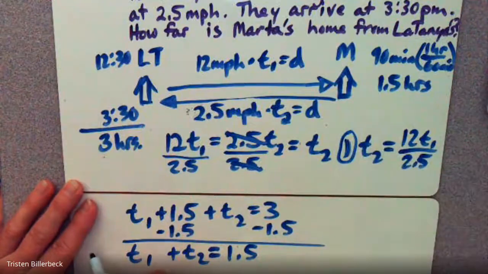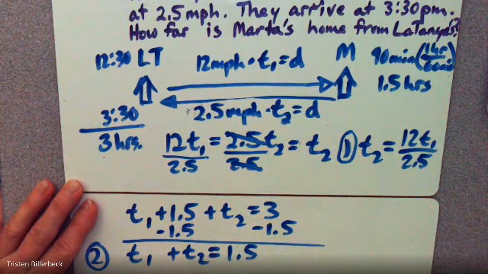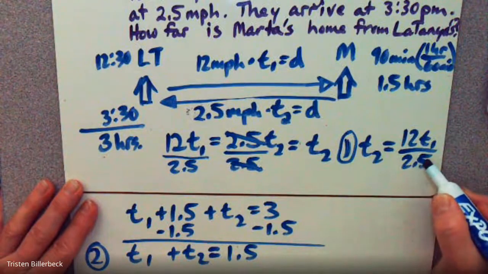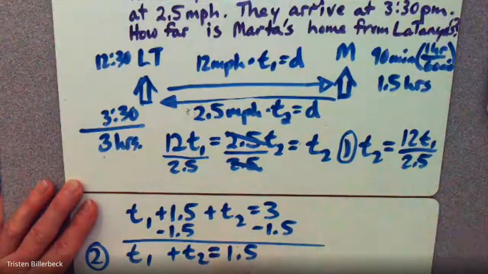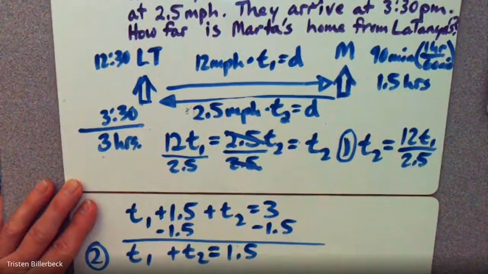And we have our second equation. So we have our two equations and we have two variables. So now we're going to put this into this equation here. We're going to use substitution and put in for this T2, 12 T1 over 2.5. So T1 plus 12 T1 over 2.5 equals 1.5.